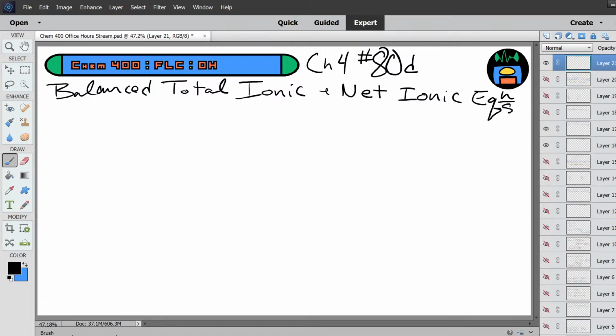We've got acetic acid plus aqueous potassium carbonate.